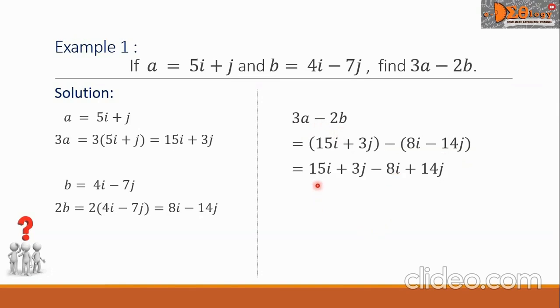Removing the grouping symbol, we will have 15i plus 3j minus 8i plus 14j. Then we combine similar terms. So we have the quantity 15 minus 8 multiplied by i plus the quantity 3 plus 14 times j. So the final answer is 7i plus 17j.